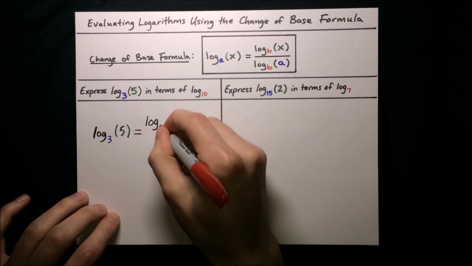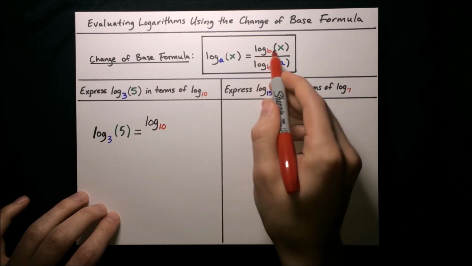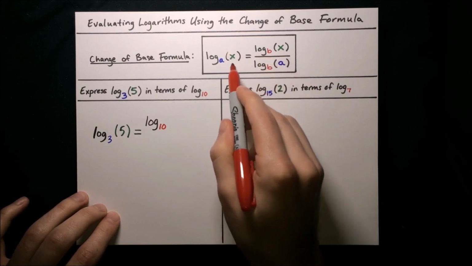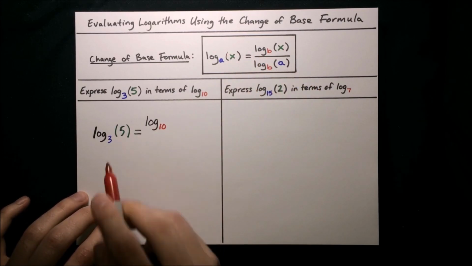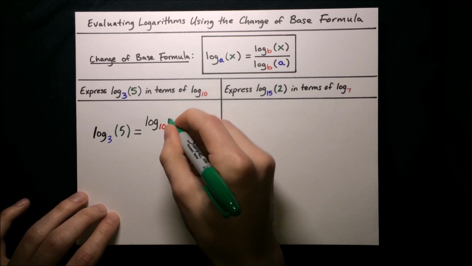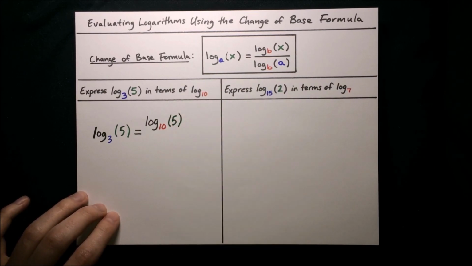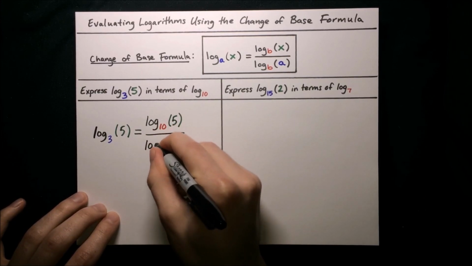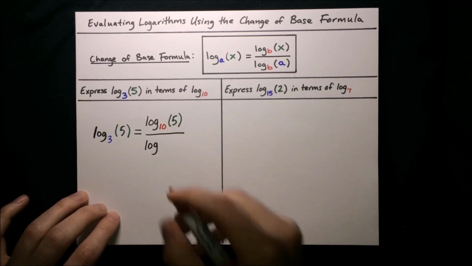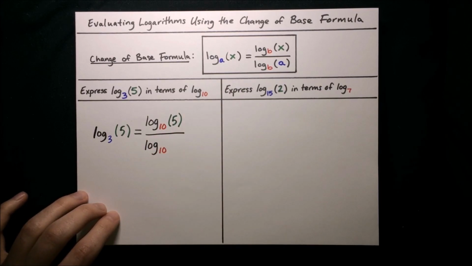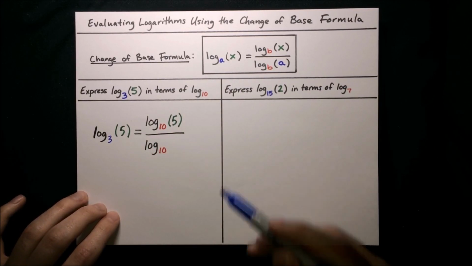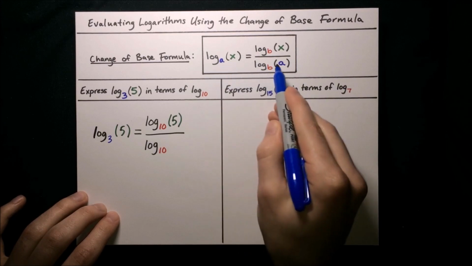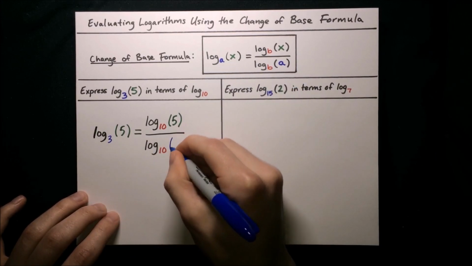Log base 10 of the input x, which in this case is 5, so log base 10 of 5, and then divided by another log base 10 of the original base of the logarithm, a, and a in this case is 3.